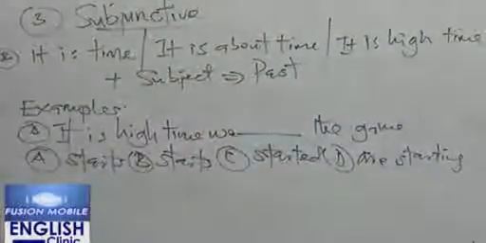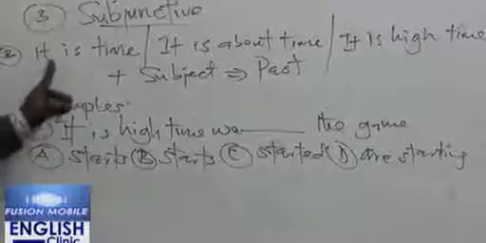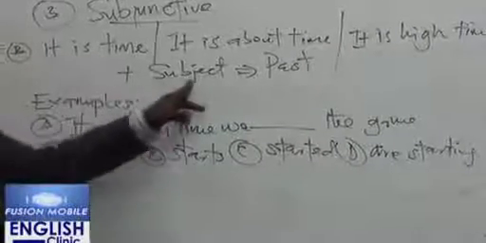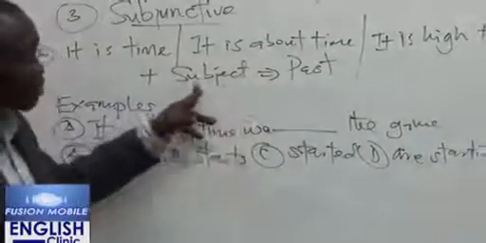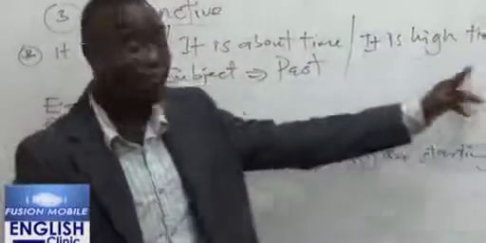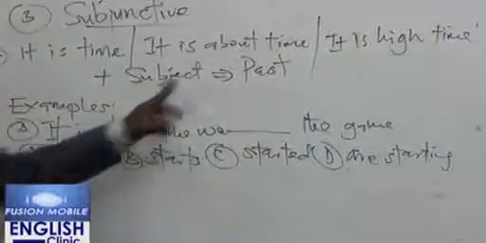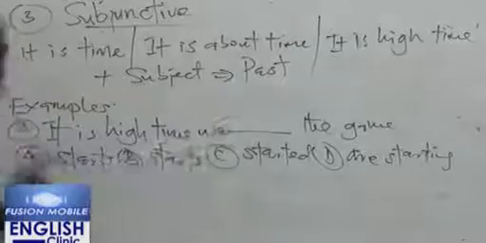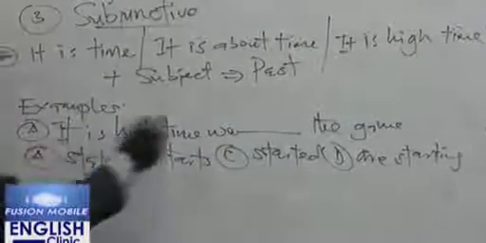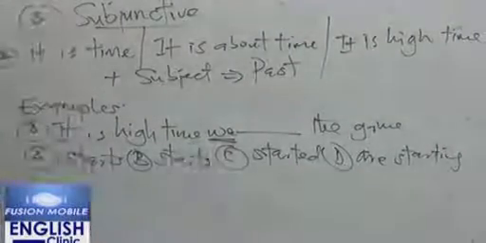Now, like I told you, anytime we have the expression it is time, followed by the subject, or it is about time, followed by a subject, or it is high time, followed by a subject, then the verb that must come after it must be what? The past tense. So, I say it is high time, then the subject here is we.